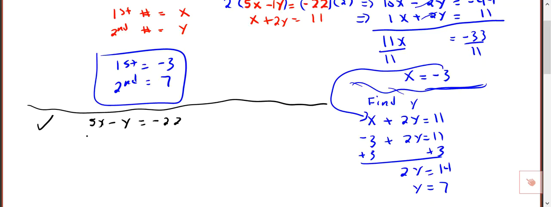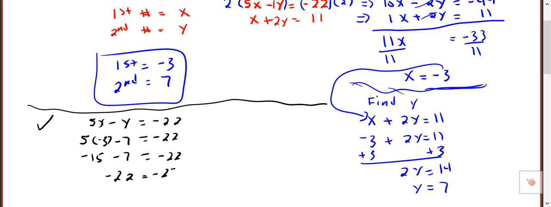I'm going to substitute in. Remember, x was negative 3, y was 7. Simplify the left-hand side, multiply. And negative 15 minus 7 does equal negative 22, so that checks out.